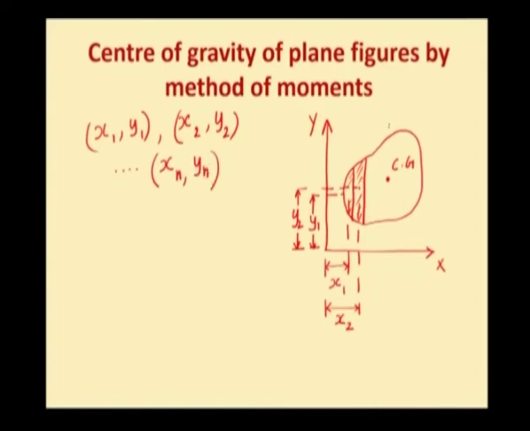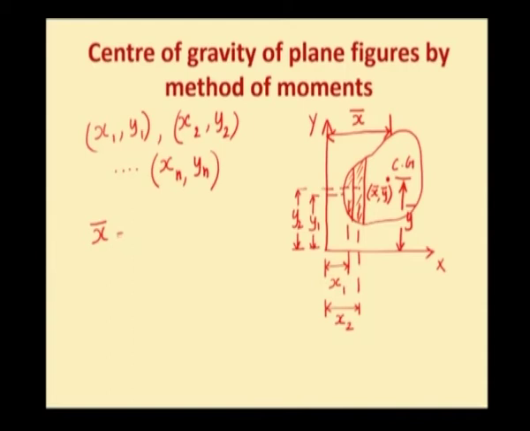Let the x coordinate of the CG of the whole figure be x bar and the y coordinate of the CG of the whole figure from x axis be y bar. So, coordinates of the CG will be x bar comma y bar. These two coordinates x bar and y bar have to be determined.